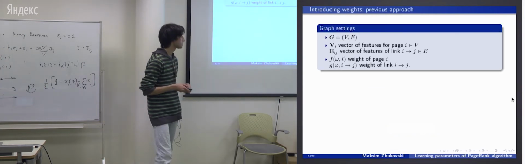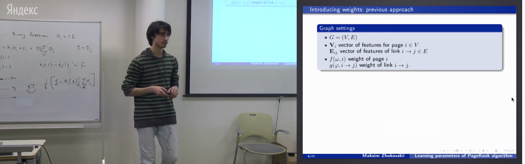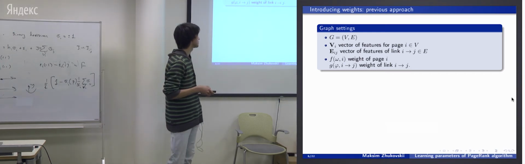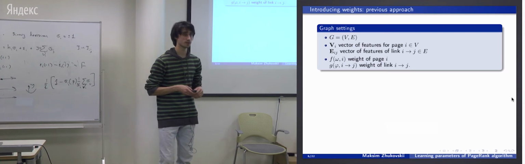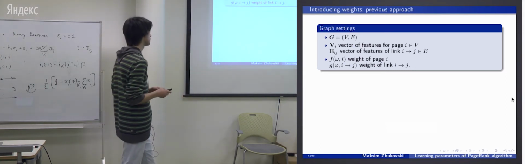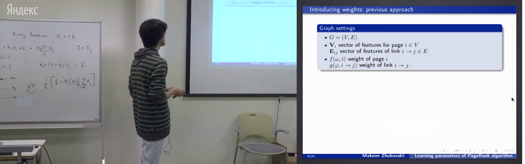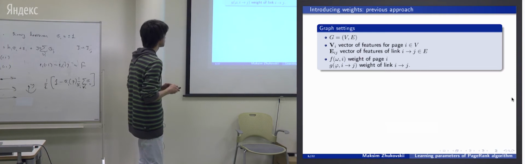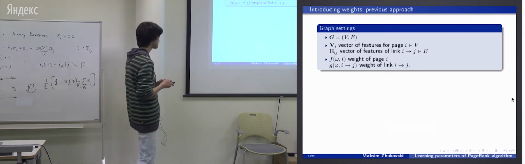The problem is that the PageRank algorithm doesn't account for some properties of pages and links. It just accounts for the properties of a web graph in general. And we want to account for these properties, and usually it is done in the following way.